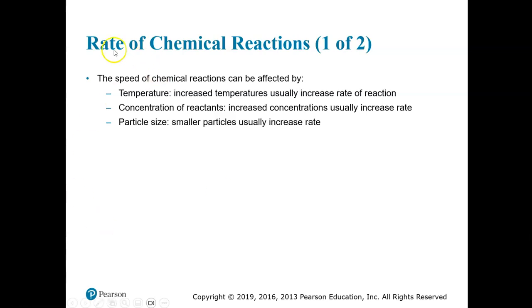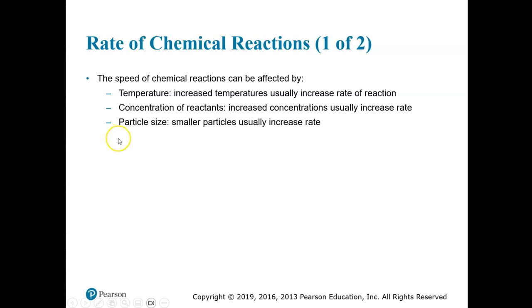And there's a little bit of information on the speed or the rate of chemical reactions. Higher temperature typically will increase the rate of reaction, but there is a maximum. If the temperature rises too high, then it destroys the molecules. But up to a certain point, increased temperature will increase the rate of a chemical reaction.